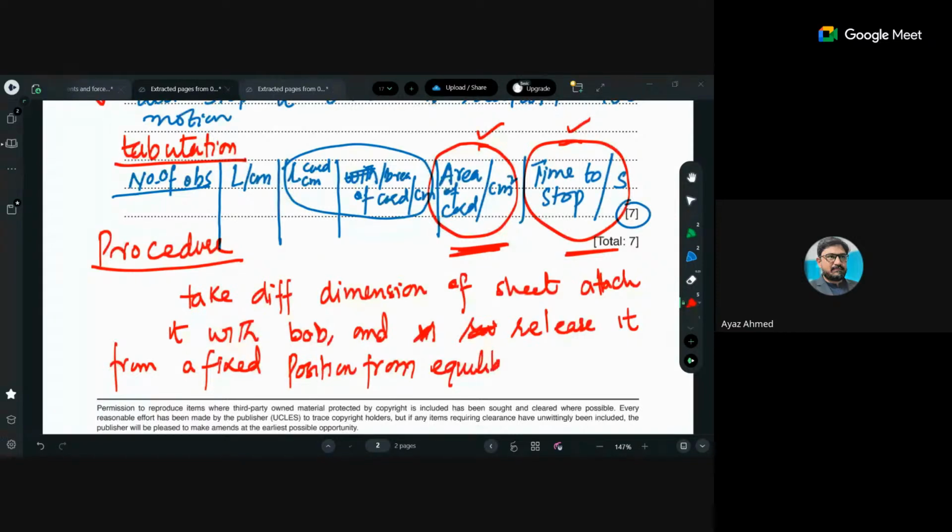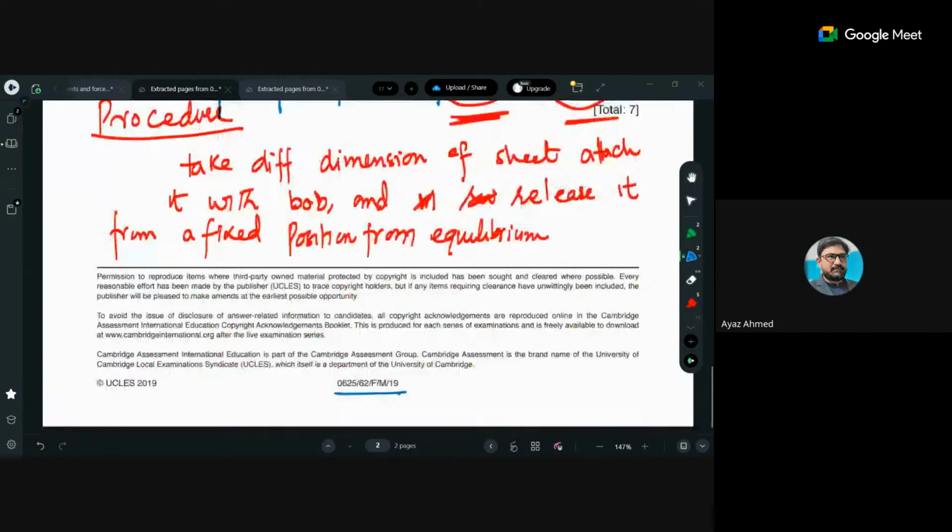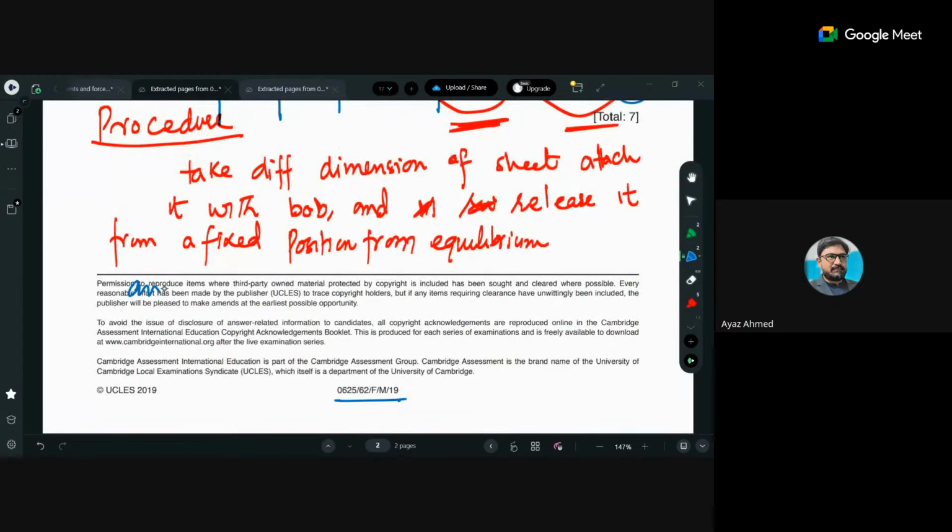Okay, and note down the time to stop it, and note down the time taken to stop the rod.